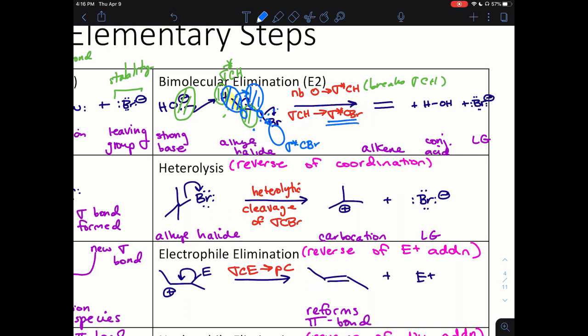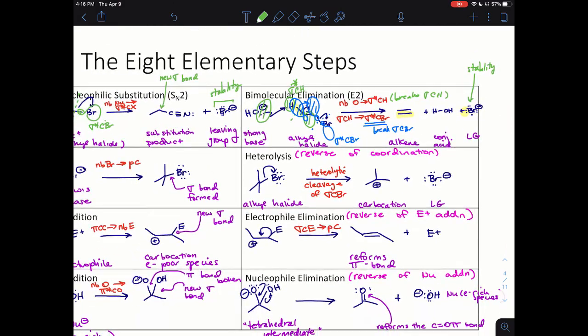You fill up an antibonding orbital and you're going to break a bond. So you break sigma CBr. And then that generates a lone pair on the leaving group, and you made a pi bond here. Now, of course, the stability of the leaving group, that's going to determine whether or not this reaction takes place, for example, as well as other factors.